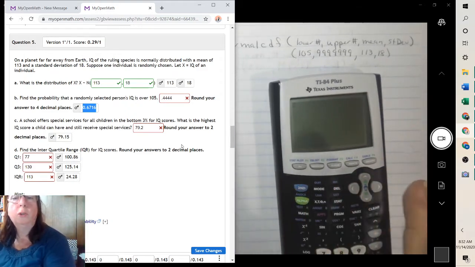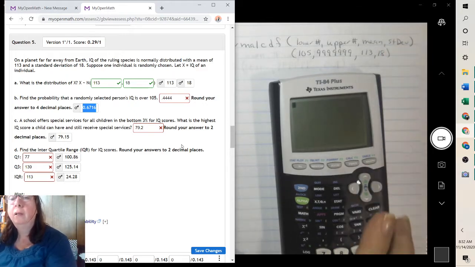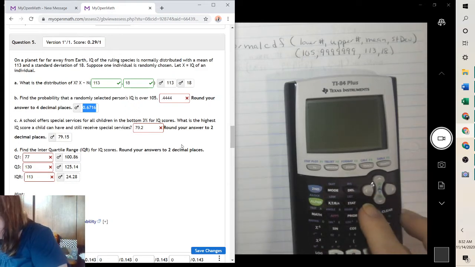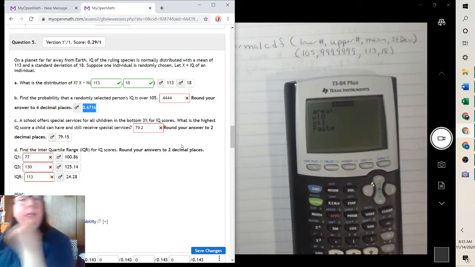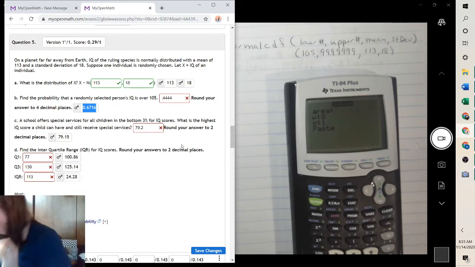On this one, you're going backwards. They're giving you the percent, where here you find the percent. When they're giving you the percent, you go under distribution, but it's the third one, inverse norm. The area is your percent, and you want the percent below. So the bottom 3%, 0.03.